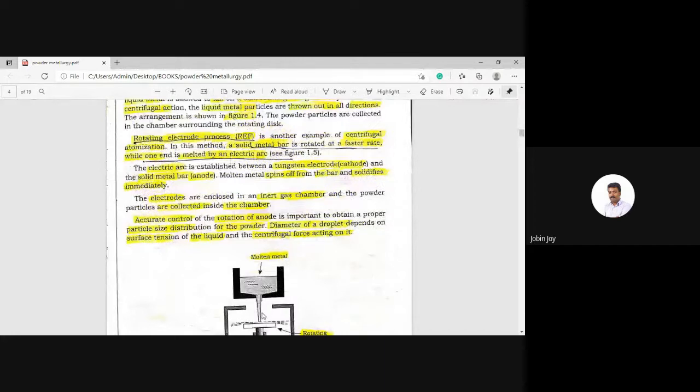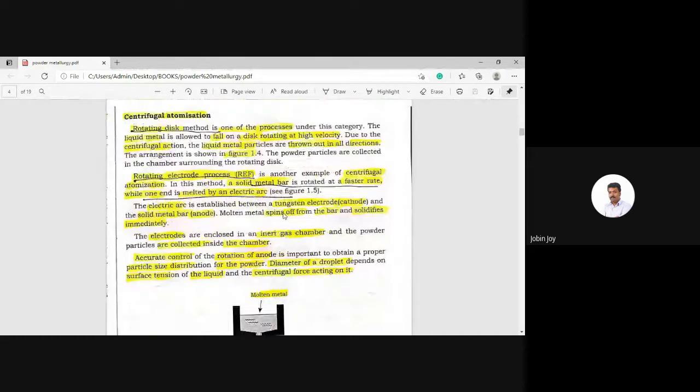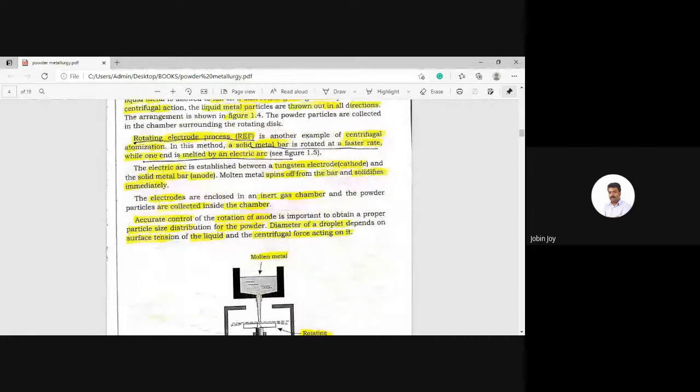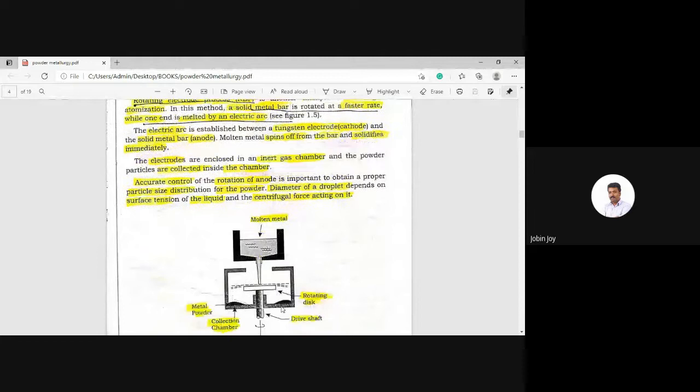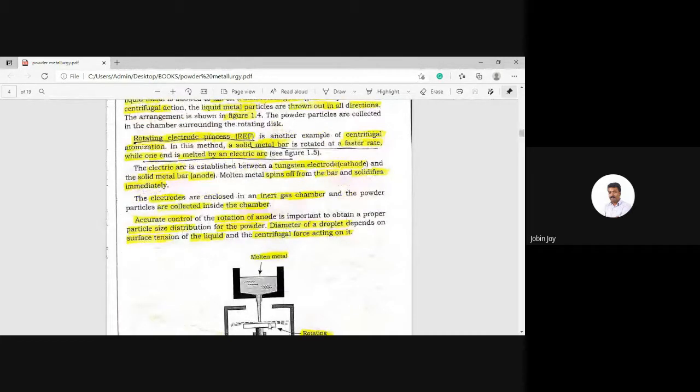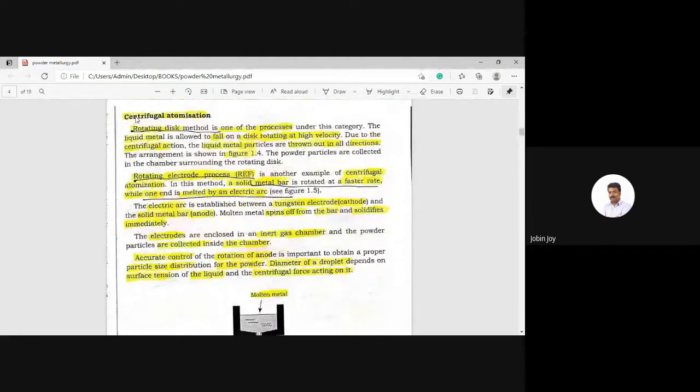On top of the disk you can see some dotted lines, which represent this liquid metal. The powder particles are collected in the chamber surrounding the disk. So this is the first method of centrifugal atomization.